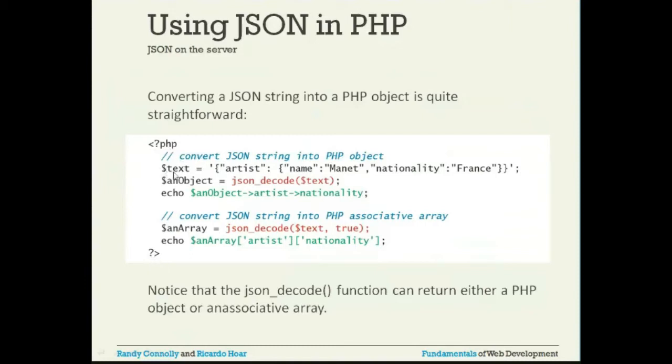Here we declare $text equal to, inside single quotes, the JSON information, whatever the JSON format is, for the artist, name, and nationality. In PHP, we have a method called json_decode. Using json_decode, we can convert a text having JSON format information into a PHP object, provided it is in the proper JSON format.